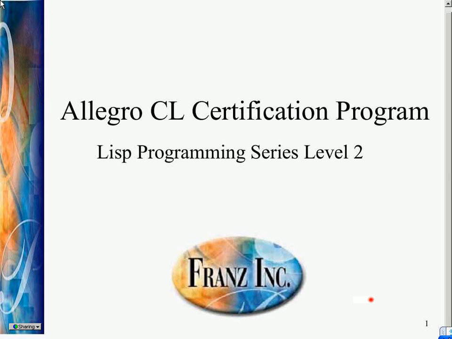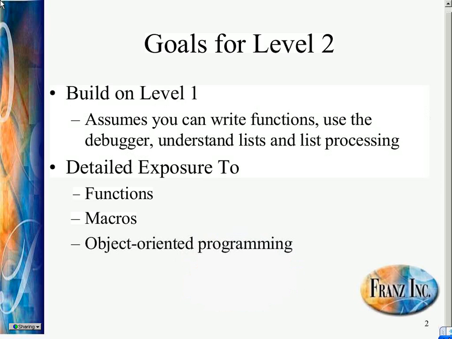We're going to be looking at slides and also going to a running Lisp, and from time to time we're going to look at that and try out some of what we're talking about there. So the goals for this course: we assume that you know how to write functions.